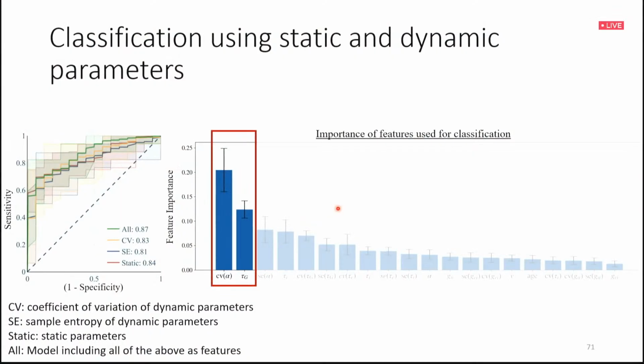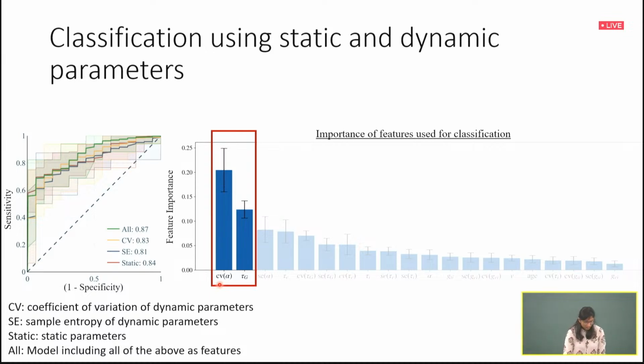We just looked at the importance, to see, if we use all of them, which are the most important ones to achieve that number. What we see is the most important features for classification really are tau g as before, but now the most important one is actually the coefficient of variation of the coupling. That seems to be the most important one for accurately classifying Alzheimer's disease from controls, which was not a feature we used before.